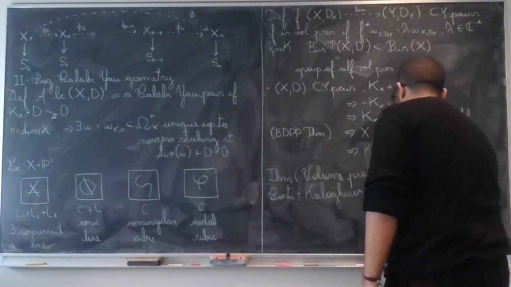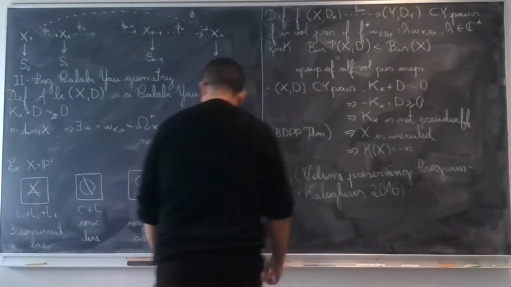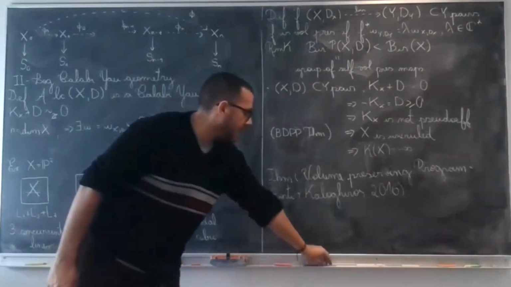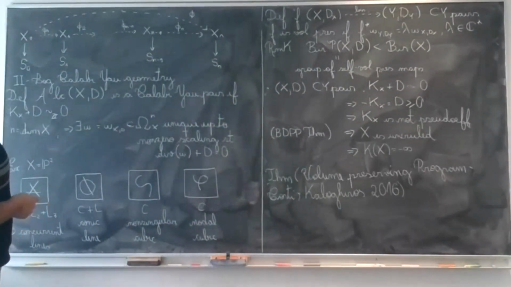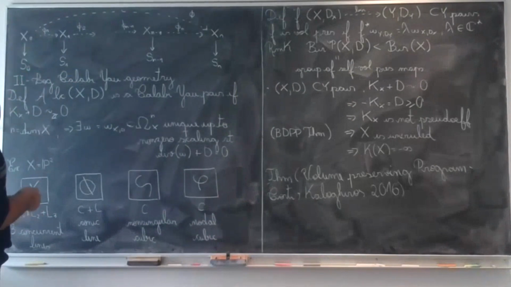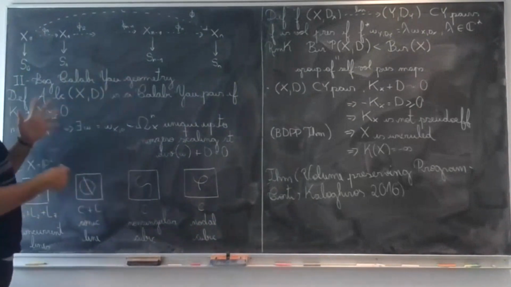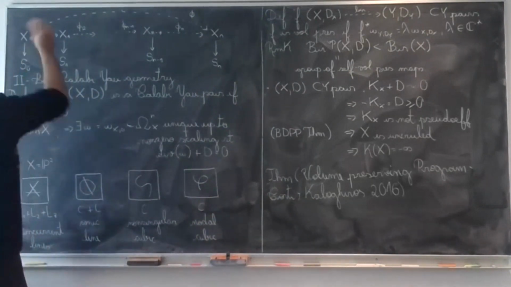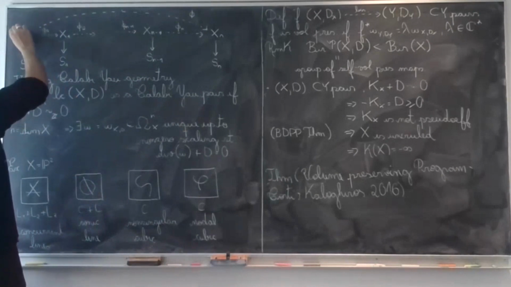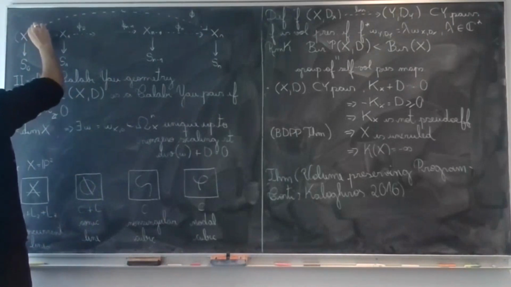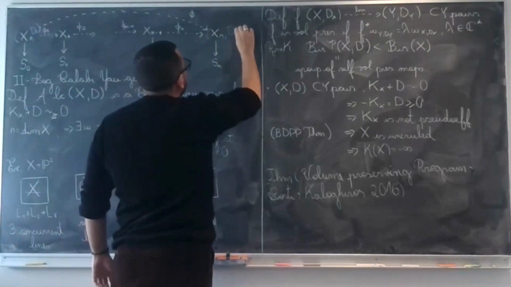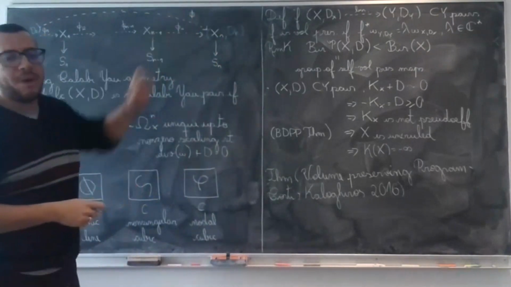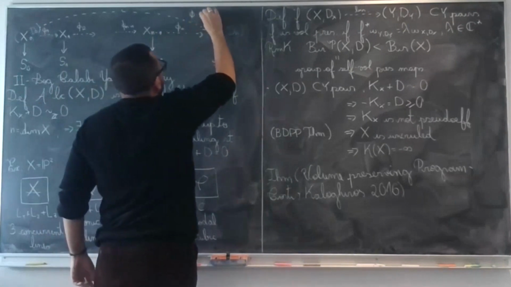And basically, the philosophy of this result is essentially the same. In this case, I will take advantage of this diagram. So here I will replace Mori fiber space by Mori fiber Calabi-Yau pair. And here I will replace a birational map by a volume preserving map.